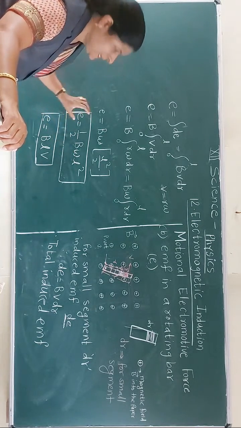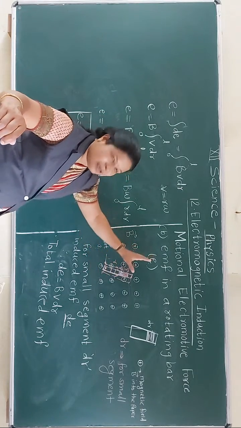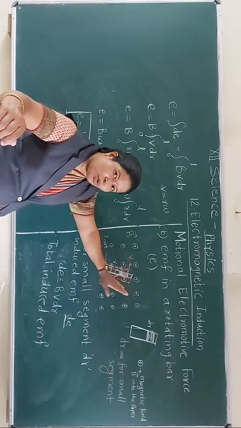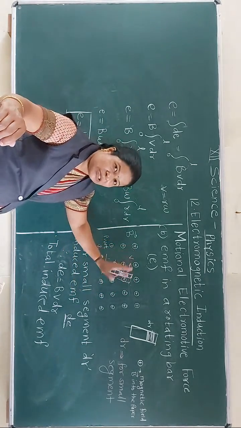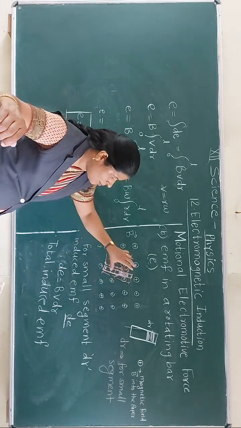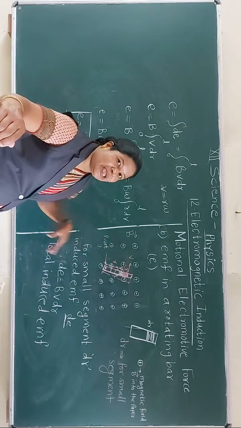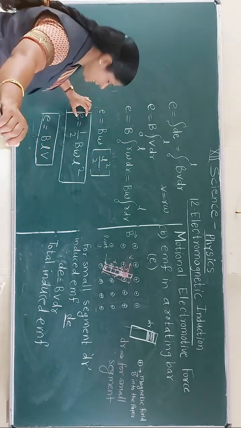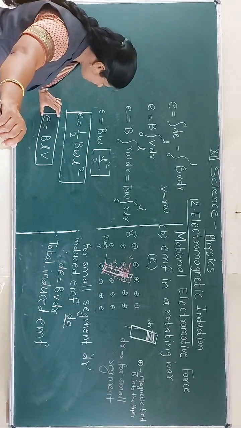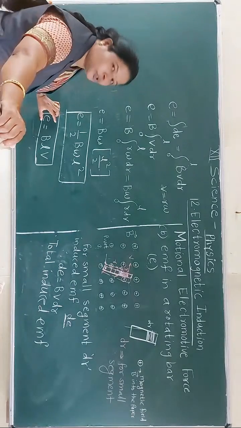That means in a rotating bar, listen carefully students, in a rotational motion of a bar kept in a magnetic field, we get double the value of induced EMF compared to the translational motion.